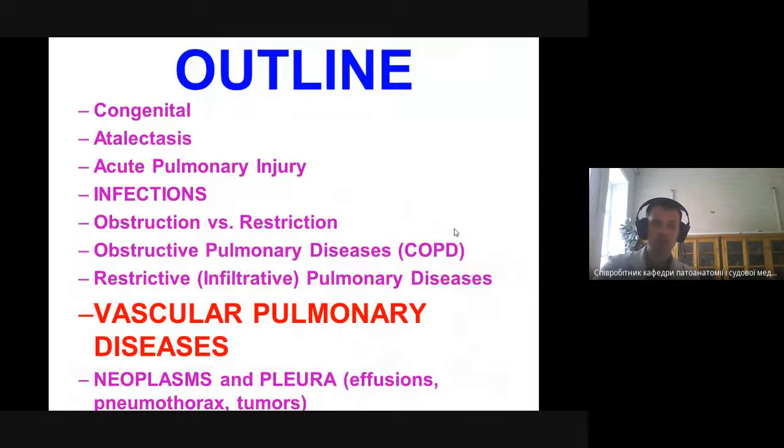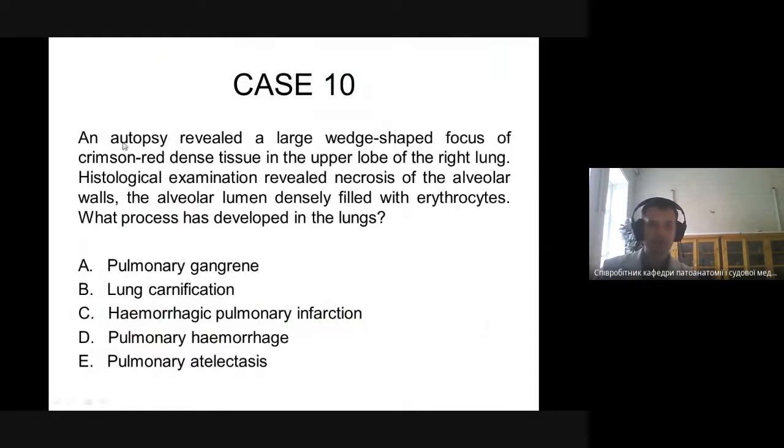Vascular pulmonary diseases, just one case, I think. An autopsy revealed a large wedge-shaped focus of crimson red dense tissue in the upper lobe of the right lung. Histological examination revealed necrosis of the alveolar walls, the alveolar lumen densely filled with erythrocytes. What process has developed in the lungs? Hemorrhagic pulmonary infarction. You could notice a large wedge-shaped focus.